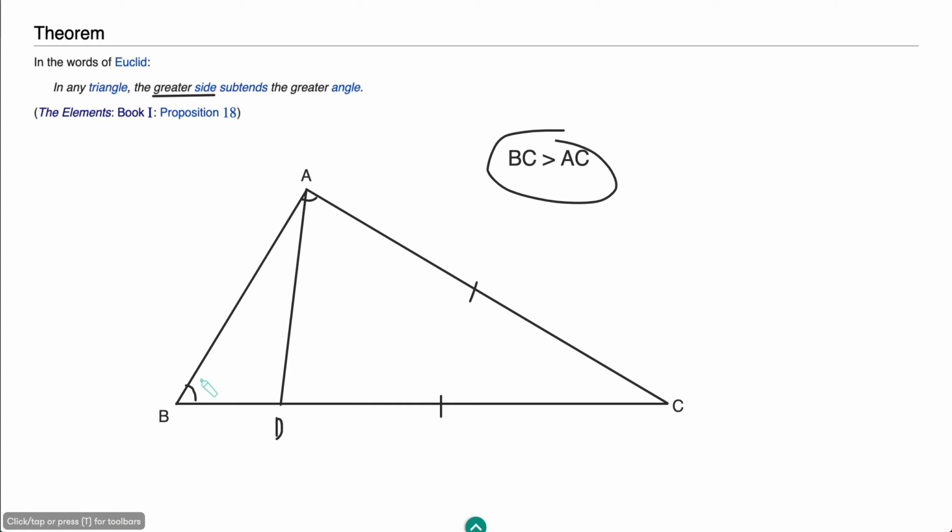Well, because this angle Z is an exterior angle to ABD, that means Z is equal to Y plus this small part of X. So Z is definitely greater than Y.